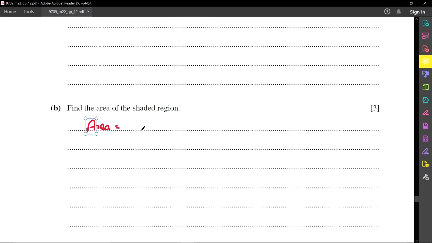So the area is the area of the triangle minus the area of the two sectors, the sector of radius 5 and the sector of radius 8. The area of the triangle is half into 5 into 12, minus half r squared theta.